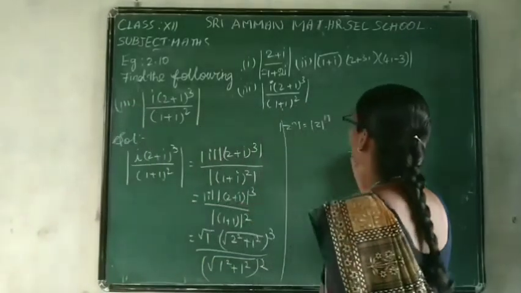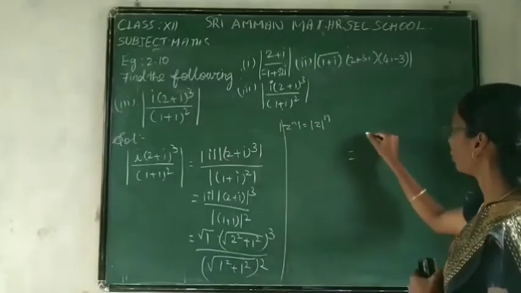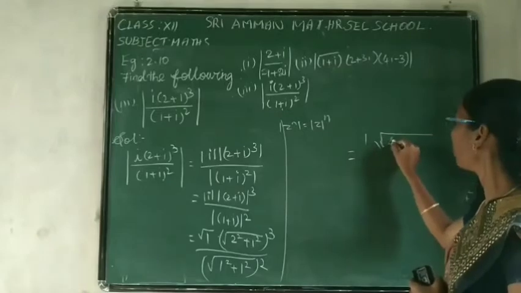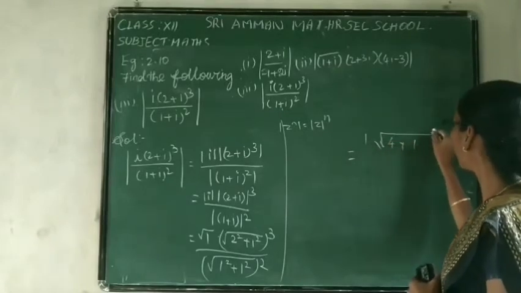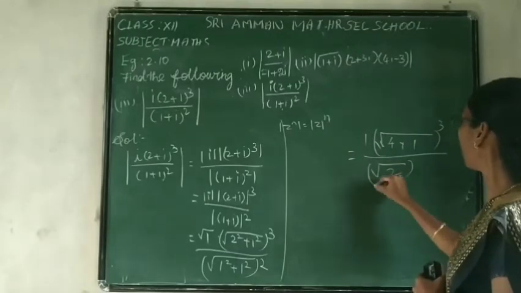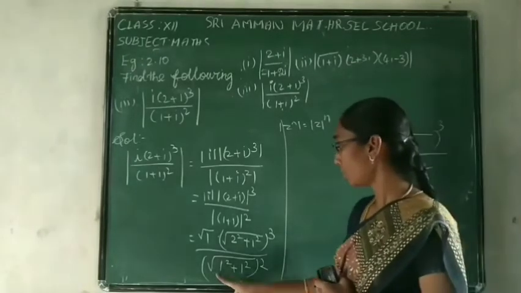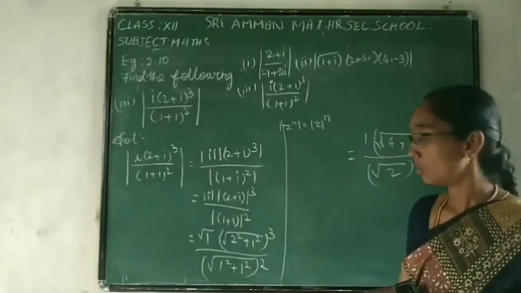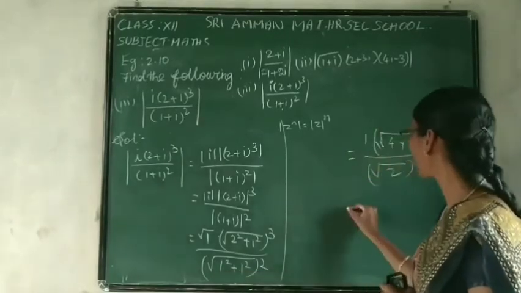It equals 1 into root of 4 plus 1 the whole cube, divided by root 2 the whole square. Root of 1 square is 1, 1 square is 1, 1 plus 1 is 2. So root 2 the whole square.